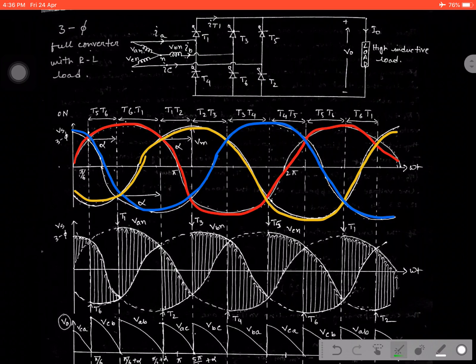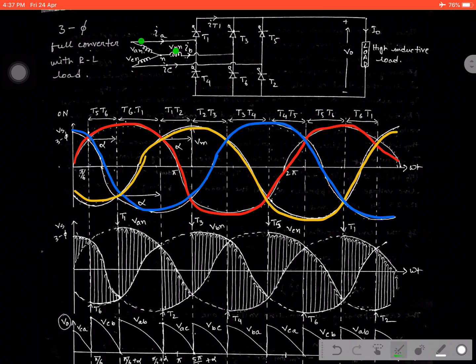Now see, after crossing pi by 6 at any angle alpha, we are applying the triggering pulse here for phase A. When T1 starts conducting, as I have shown before, the voltage appearing across the load is VAB, that means the difference between the two phase voltages, VAN minus VBN.